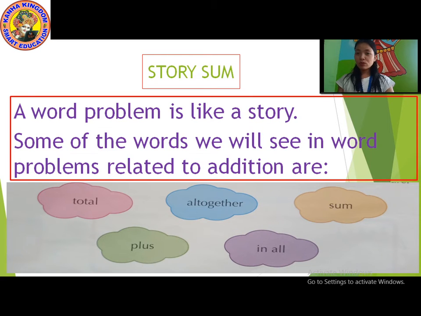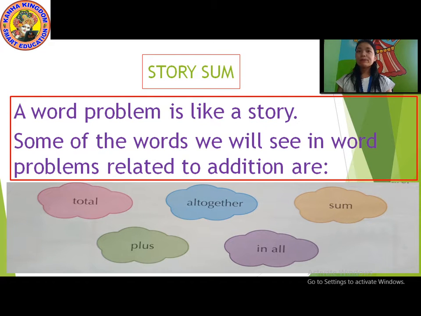Some of the words we will see in word problems related to addition, because we are learning addition, right? So some of the words we will see in word problems related to addition are total, altogether, sum, plus, in all. Sometimes they may tell you to find out the total, or to find out the sum of that.